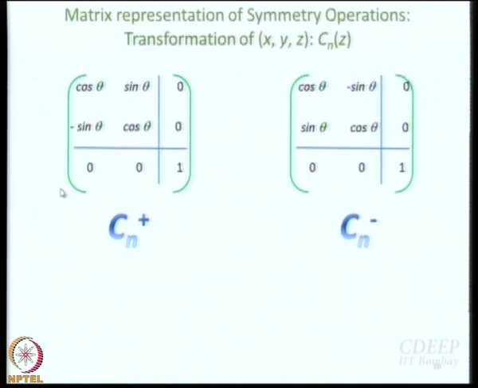So, for Cn plus we got cos theta sin theta 0, minus sin theta cos theta 0, 0 0 1, and for Cn minus we got cos theta minus sin theta 0, sin theta cos theta 0, 0 0 1, right. Remember, you either remember or believe me, right. So, these are the matrices for Cn plus and Cn minus operations that we got, general representation. So, these matrices also can be block factorized in this manner.